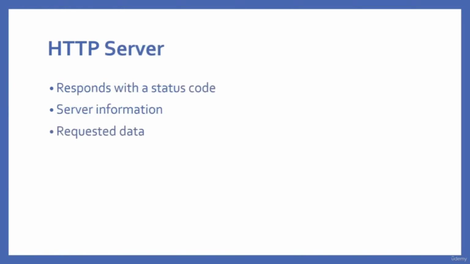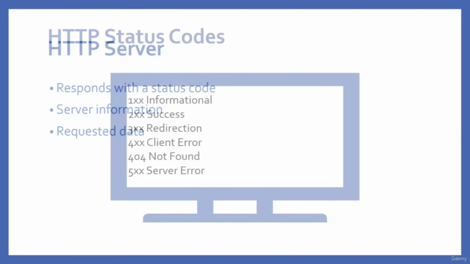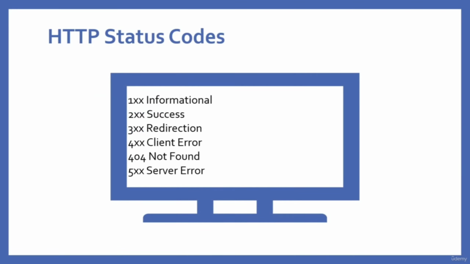The server then will respond with the status code and server information and then any requested data. Now, there are several status codes within HTTP, but most of the time we are going to get a 200 or success, meaning everything's okay and the data will follow.